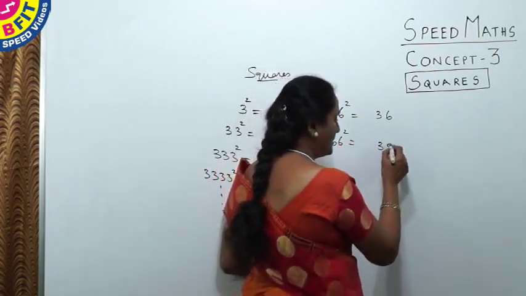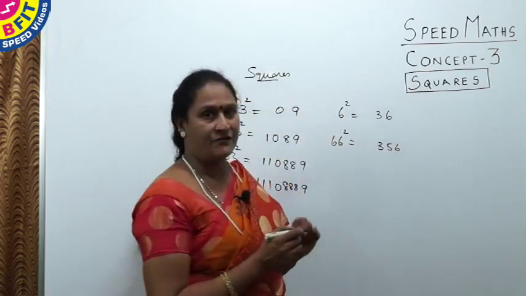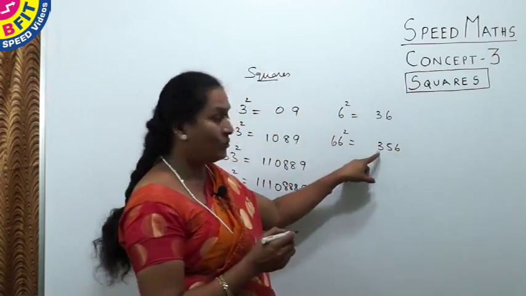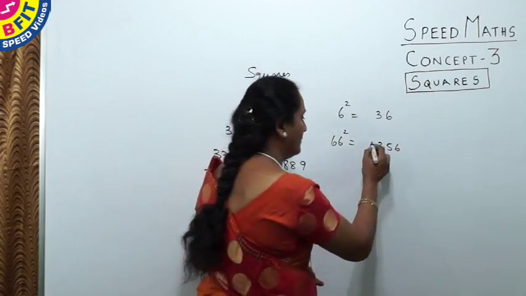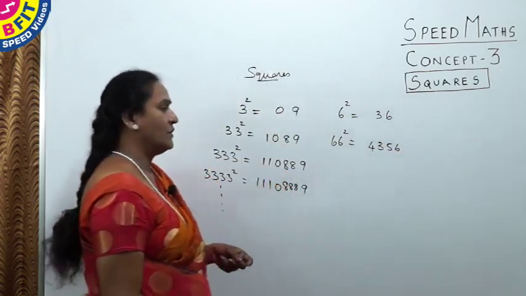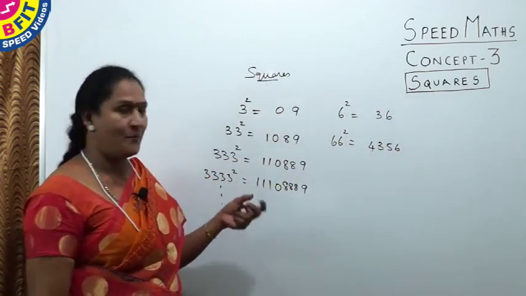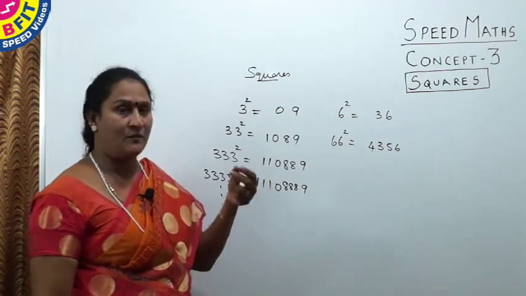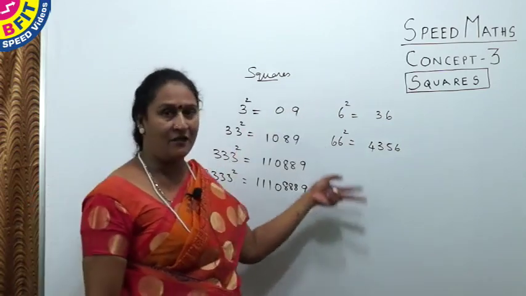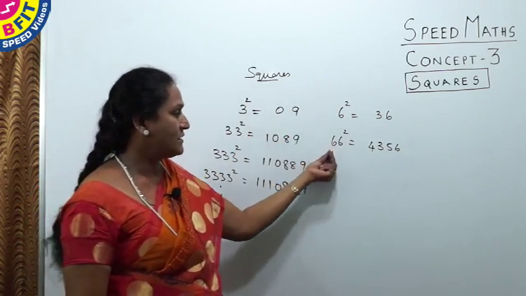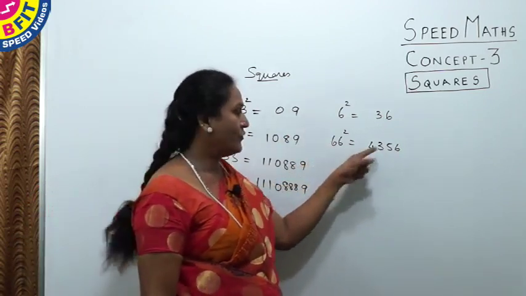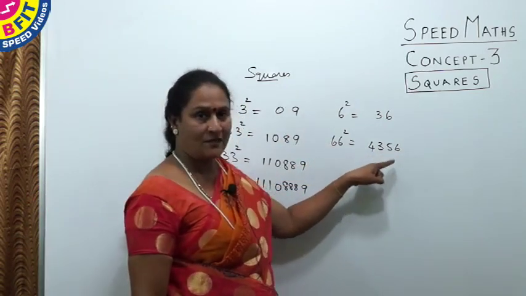Write 1 less than 6, that is 5, and before 3 you write 1 more than 3. So instead of using a square plus 2ab plus b square, just with the pattern we are finding the square. For double 6, you write 4 before this 3 and 5 after it, 1 less than 6.